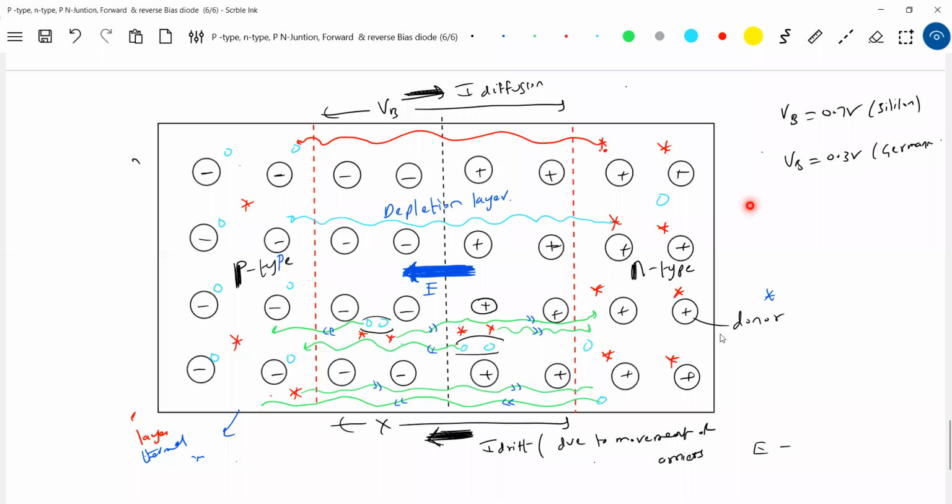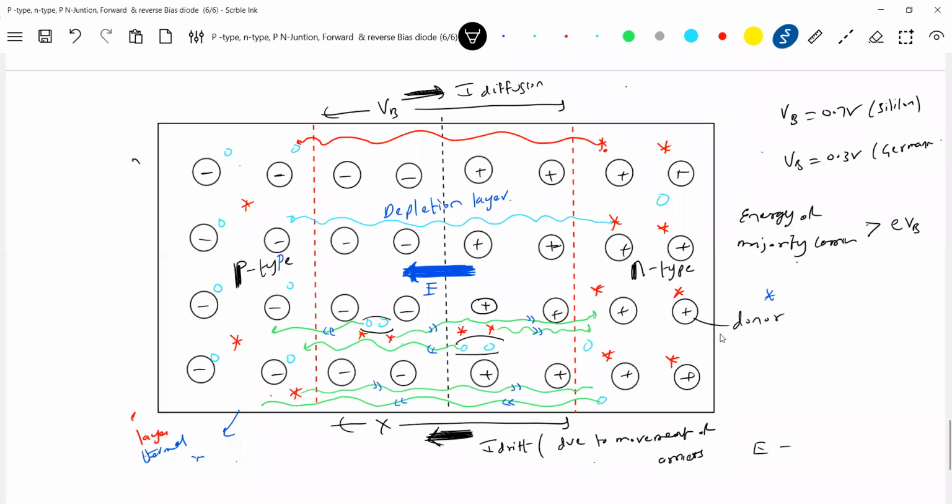So here, if the energy of majority carriers is greater than e VB, they will diffuse.